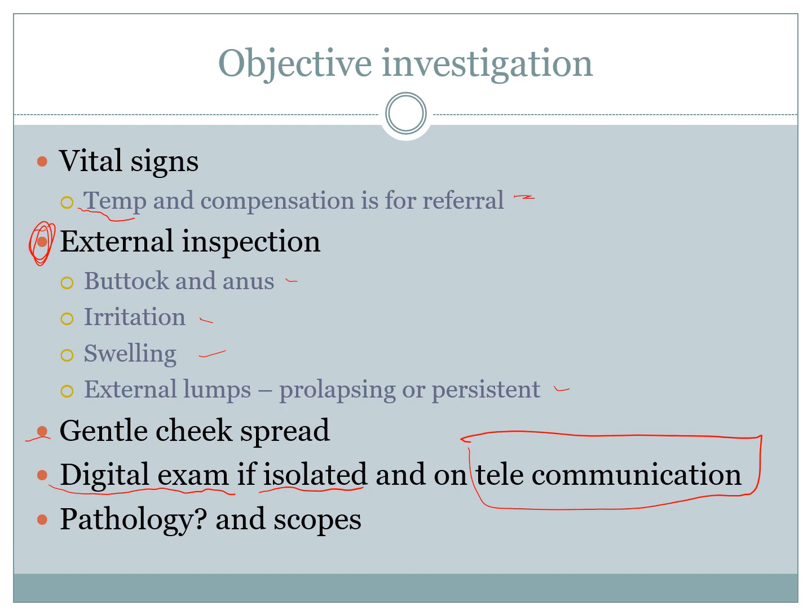From there, we can do more investigations. Pathology is a good one to move on to. Your full blood count can tell you about anemia. You can also look for increased levels of eosinophils for worm infestation. You can do MCS or scrapes, or a Scotch tape test, which is literally putting tape on the anus and looking at it under a microscope for any worm evidence, like eggs or dead worms.